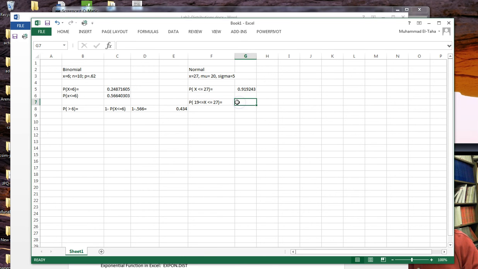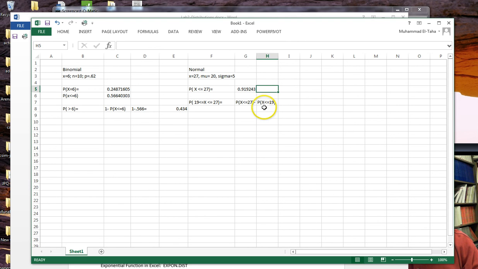So first I want to recognize that this is going to be the probability of x less than or equal to 27 minus the probability of x less or equal to 19. So now I need to compute both of these two values. Okay, so I already have computed this value here. So I need to compute P of x less or equal to 19.